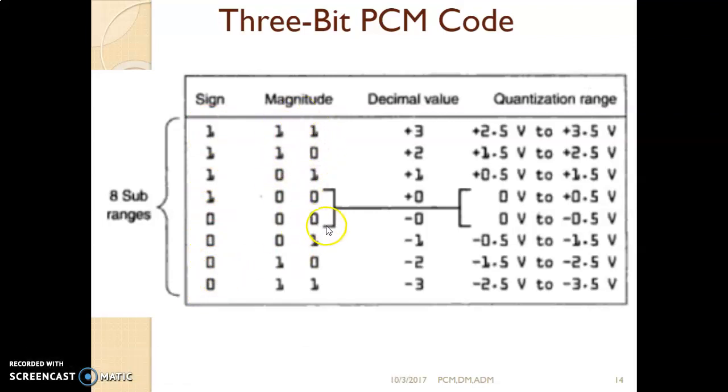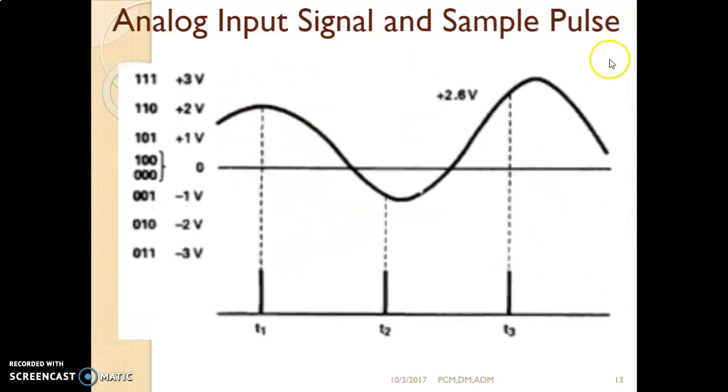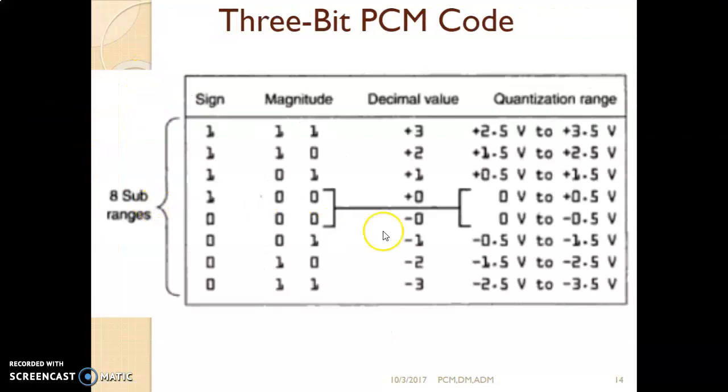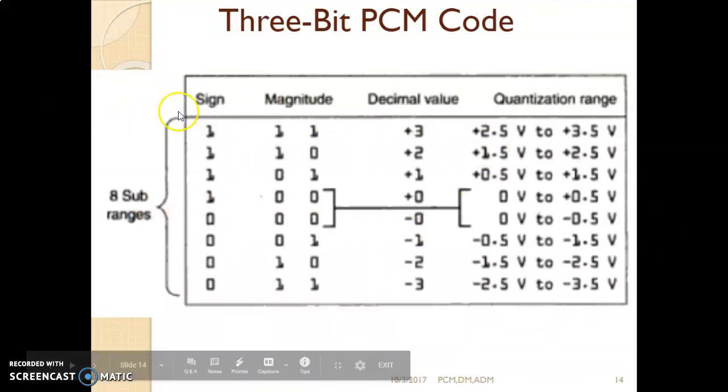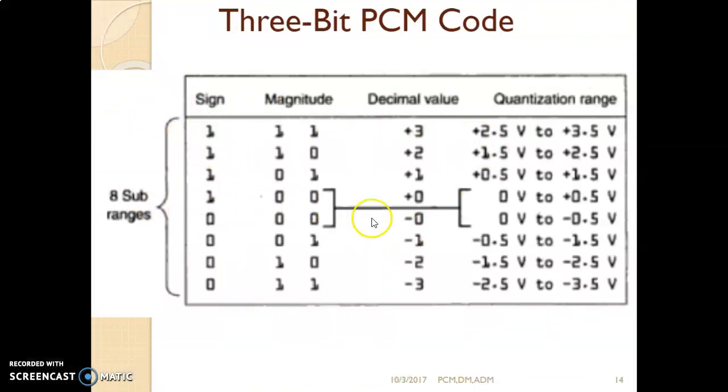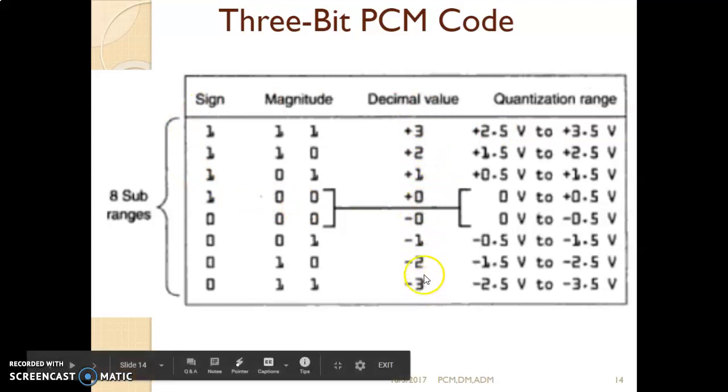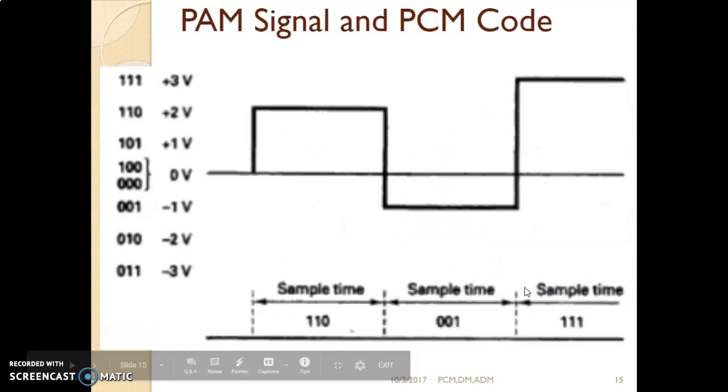So this analog signal is going to be assigned codes, and those codes are summarized in this table. These codes are assigned to a decimal value, and this decimal value we have quantized in this particular range.